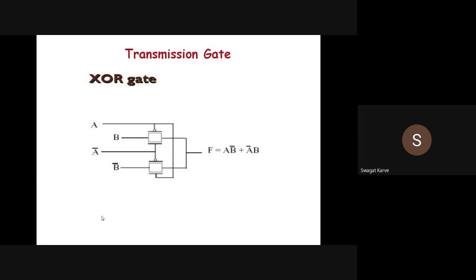You can reproduce the design of that flip-flop using transmission gates only. You have to choose appropriate inputs and outputs, decide where to give the final biasing, and then you can get the required output. So this is about the transmission gate.